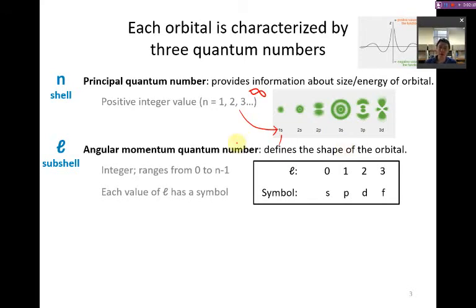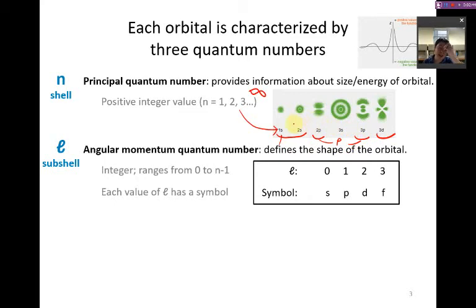For L values, those range from 0 to n minus 1. The most common ones that we'll be dealing with are an L value of 0, 1, 2, and 3, corresponding to s, p, d, and f-type orbitals. And I've indicated for you here s-type orbitals, p-type orbitals, and also a d-type orbital.